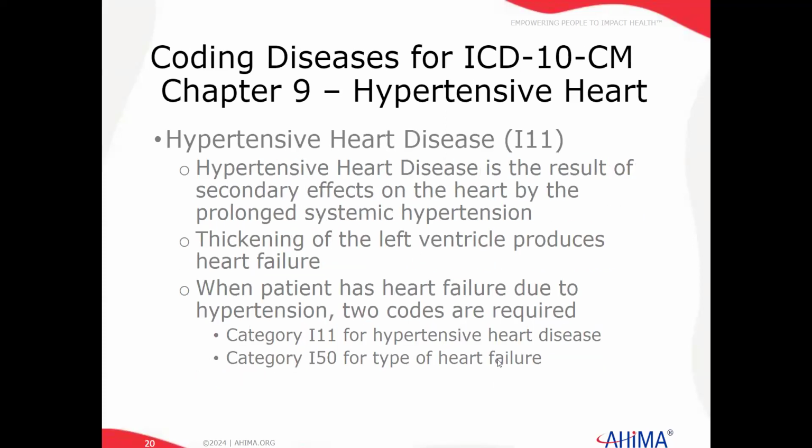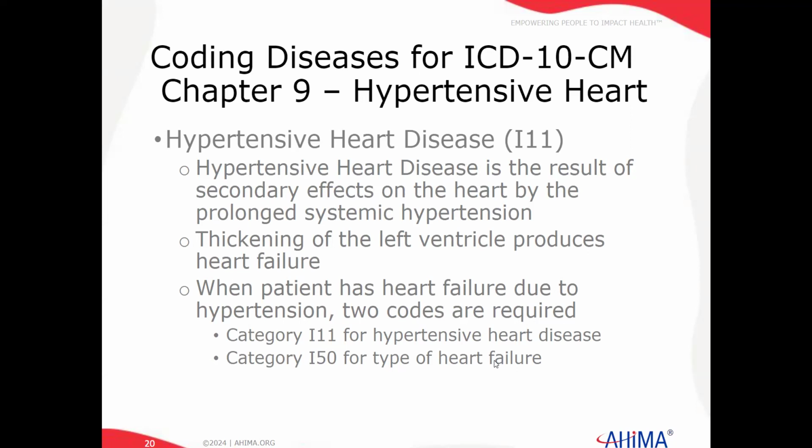Hypertensive heart disease is basically hypertension that is affecting the heart. And so as a result, we get this kind of thickening of the left ventricle, the ventricle being the bottom chamber of the heart on the left side. When a patient has heart failure due to hypertension, we need two codes.